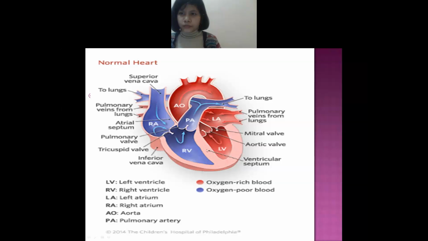Can you tell me the division of the chambers? What is the name? Ventricular septum and atrial septum. Ventricular, because it is in the lower side of the heart.